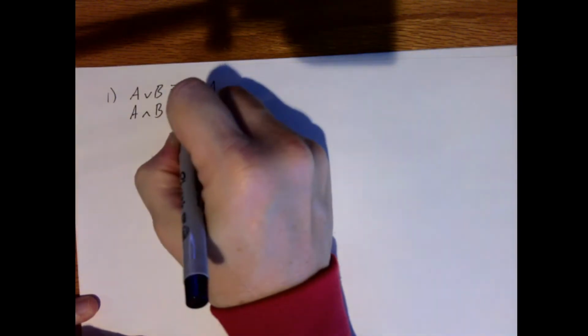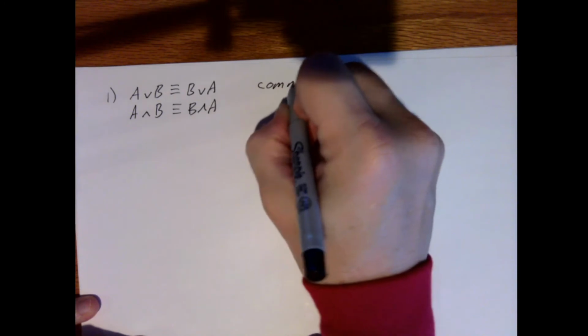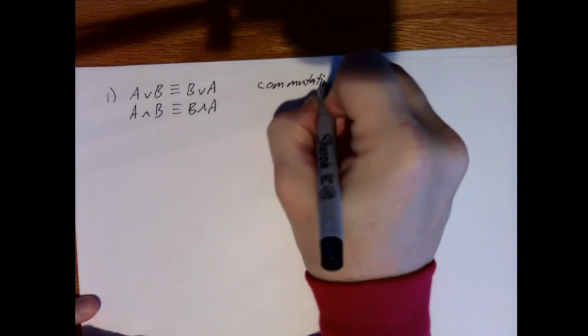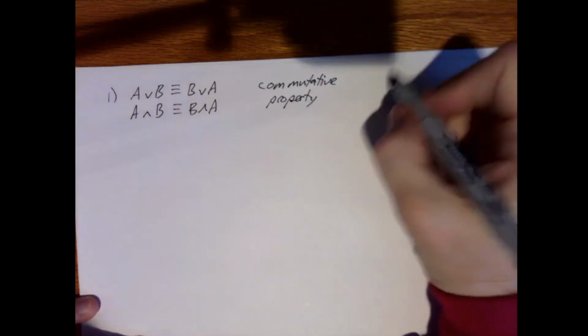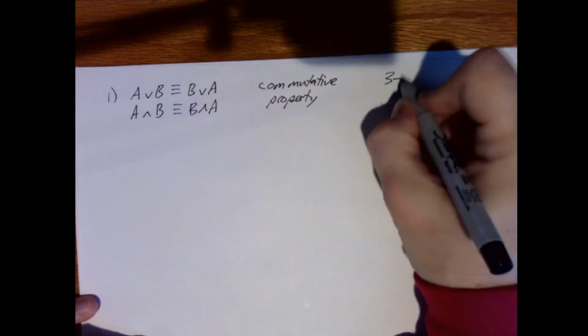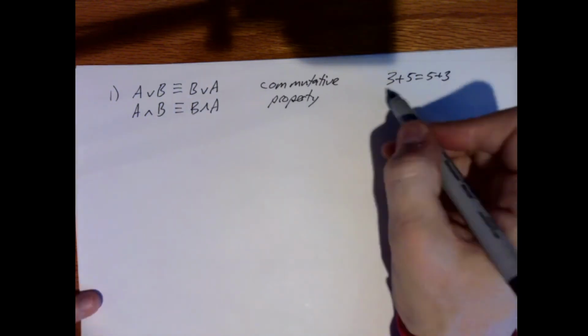And likewise for and, it doesn't matter which one's on the left and which one's on the right. These are examples of the commutative property. Just like for real numbers, we know that 3 plus 5 is equal to 5 plus 3. It doesn't matter which one you put on the left, which one you put on the right.